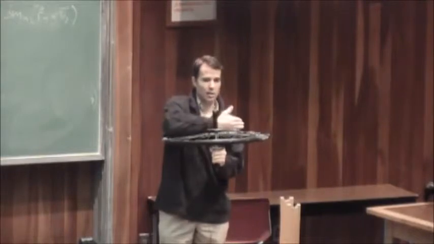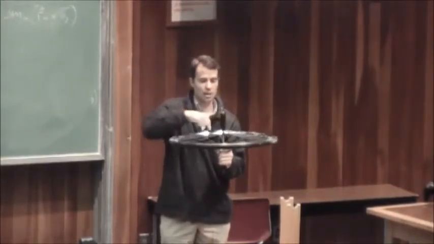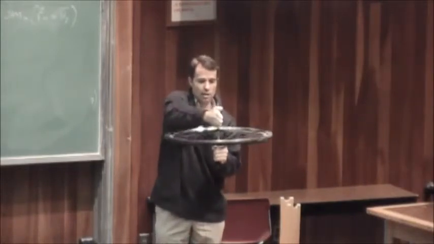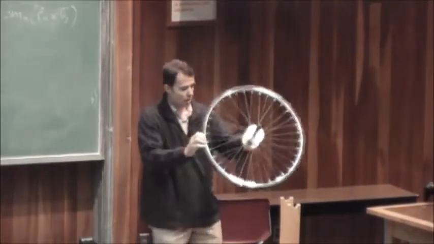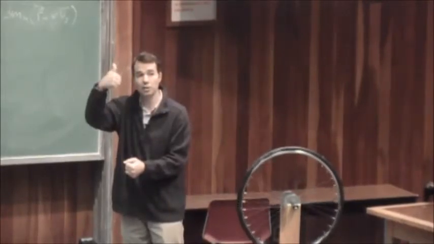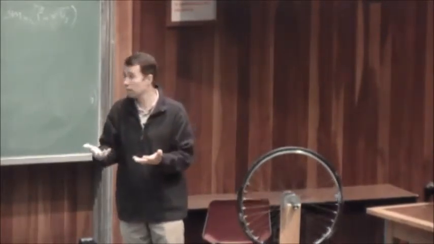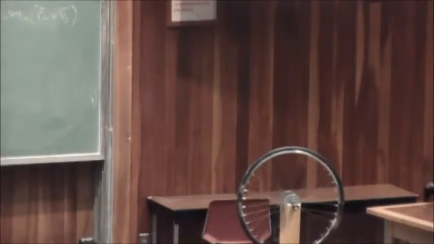If this is spinning around, I go from this point out to this distance on the tire, and what I see is that they're all pointing in the same direction. That means R cross V is in the same direction. So we can simply add these as individual components in the Z direction.